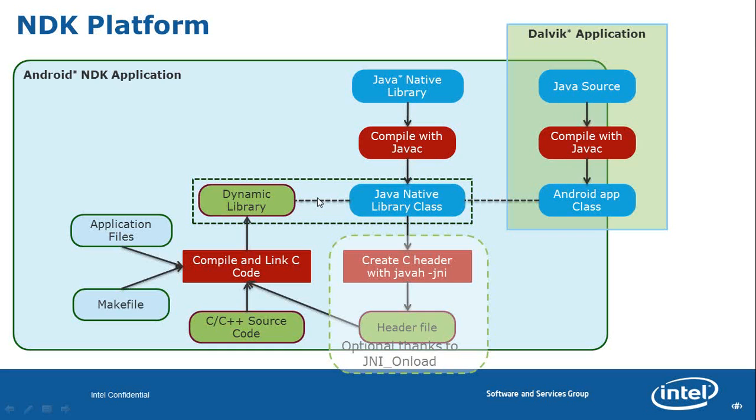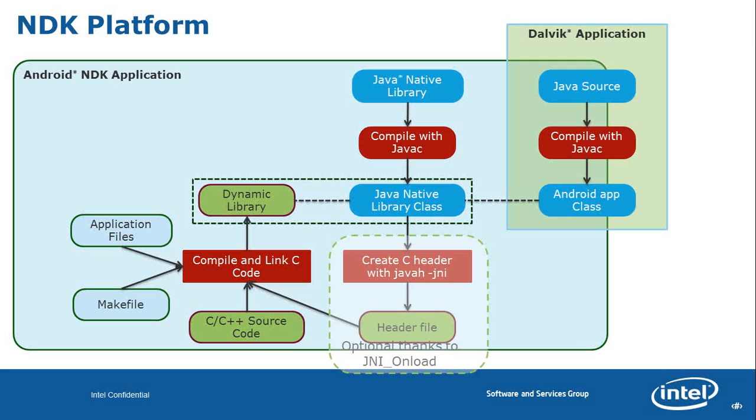As I mentioned, in Android applications you have C++ code. You compile it, you get the dynamic library, and then you compile using the Java native library class, so you get Java bytecode.